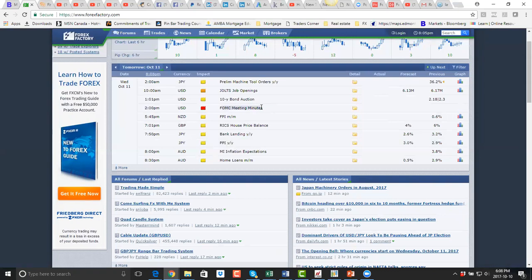Basically, going into tomorrow, what the market is going to look for, and it looks like it's setting up for that, is to understand when the Fed is going to raise rates next and what the thoughts are around raising the rates. Are we still looking for another interest rate hike this year, or has something changed? So that's what the market will be looking for in terms of FOMC meeting minutes.